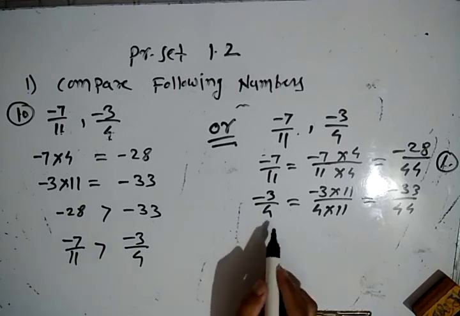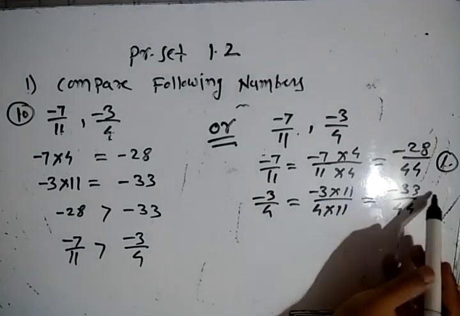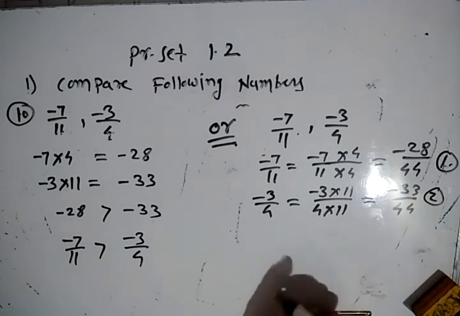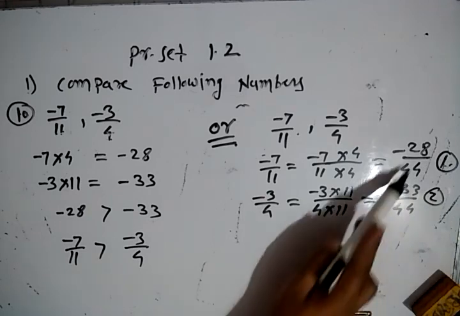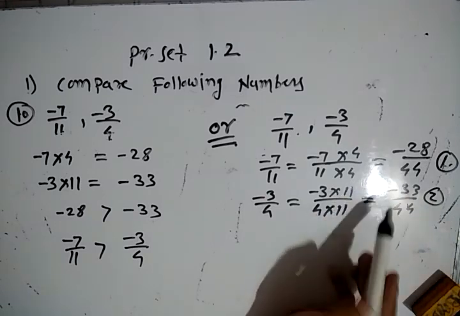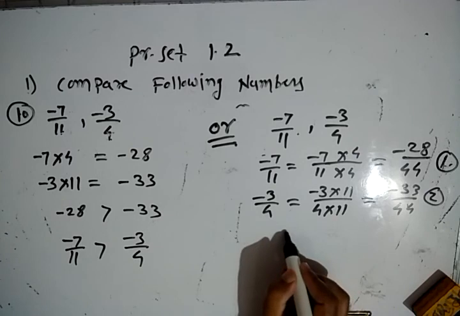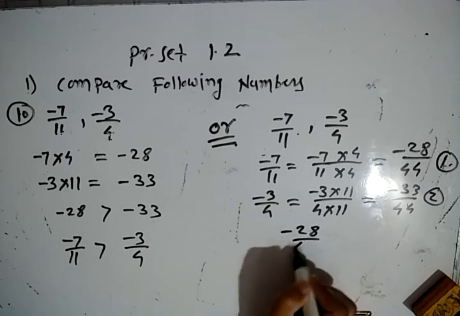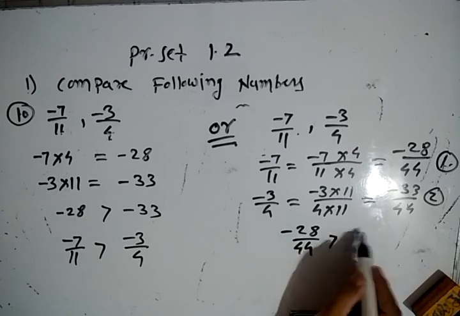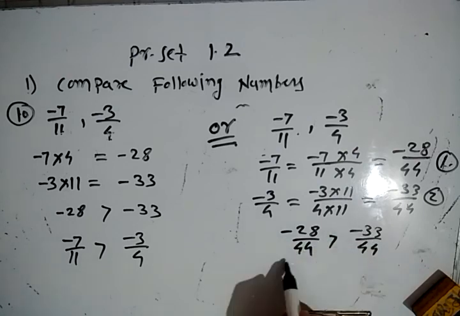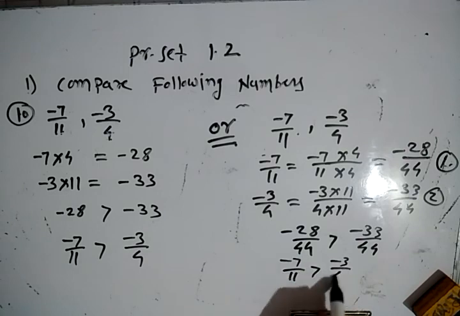Here, when we compare these two, it is clear that denominators are same. Therefore, only compare the numerators. Therefore, we can write minus 28 upon 44 is greater than minus 33 upon 44. It means minus 7 upon 11 is greater than minus 3 upon 4.